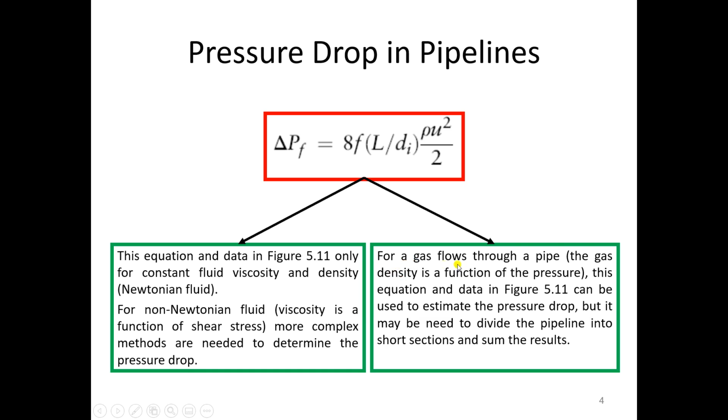For a gas flowing through a pipe, the gas density is a function of pressure. This equation and data in 5.11 can be used to estimate the pressure drop, but it may be necessary to divide the pipeline into short sections and sum the results. It might not be accurate to use figure 5.11 directly, so we can only estimate the pressure drop for gas flow.